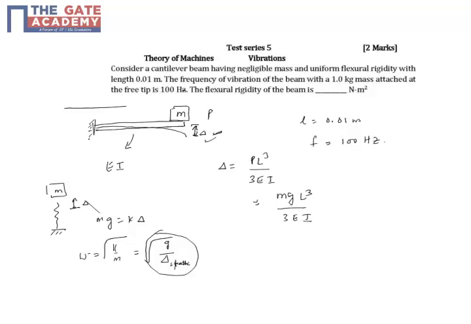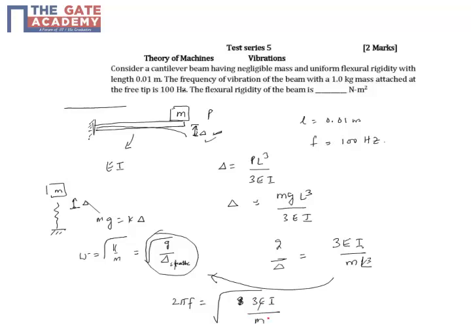And what we need is basically g by delta to calculate the natural frequency. So g by delta is 3EI by mL cube, right? So let's convert that, and omega is given as 2 pi f, your natural frequency, equals root of g by delta, which is basically 3EI by mL cube.